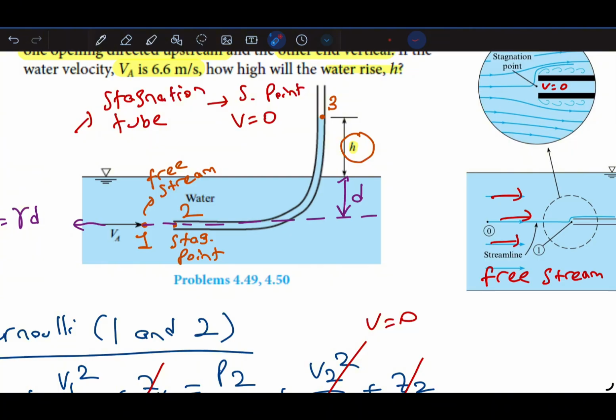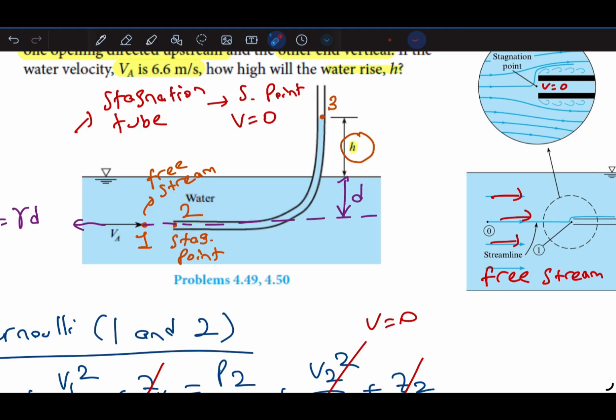Of course it seems like we have only this surface, which is d, but since this is already in this glass tube and it's going up to this point, the pressure at point 2 is specific weight times d plus h, because the water column is d plus h.